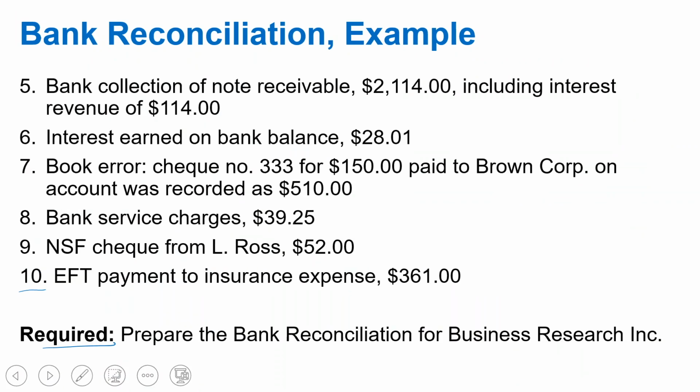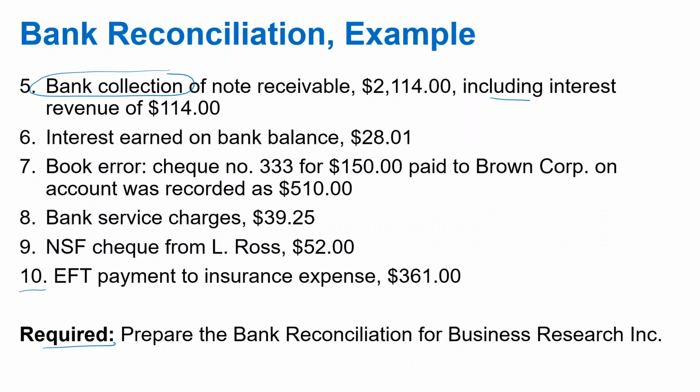Now we can move on to number 5. A bank collection of a note receivable for $2,114, and that includes interest revenue of $114. So we had a note receivable, and the person who owed us that money, they went to the bank and they paid that off directly at the bank.